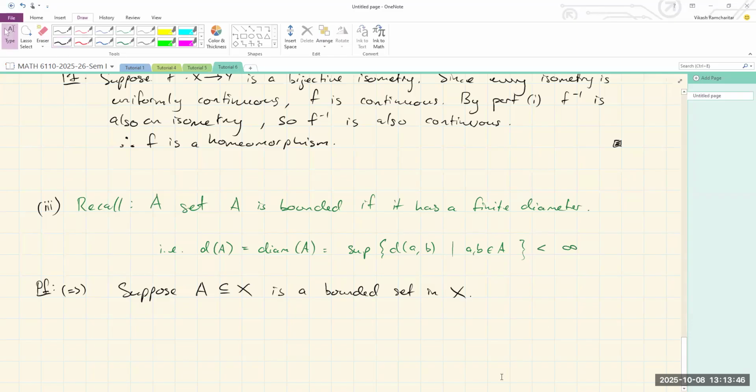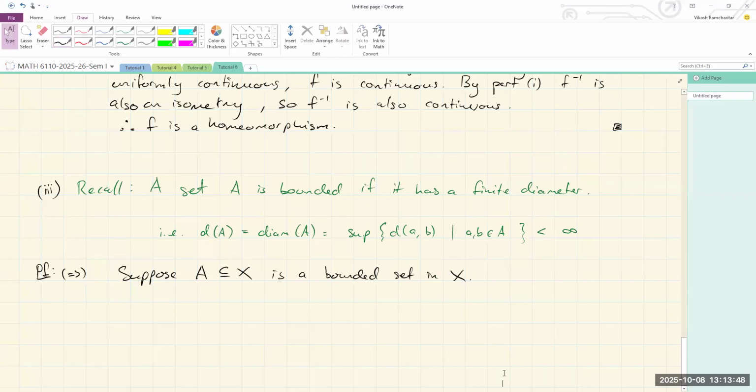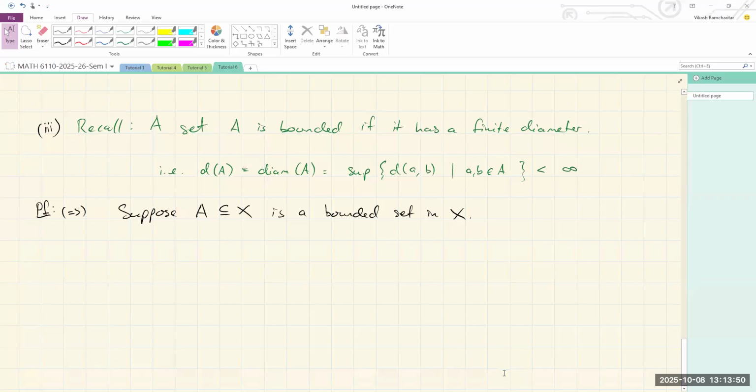Okay. So all I have to do now is write down what is the diameter of f of A, right? The diameter of A is finite, right?